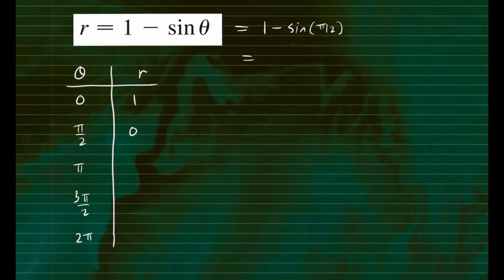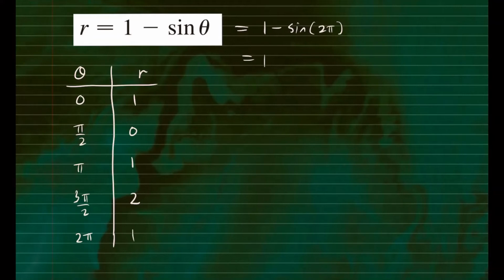For pi, sine of pi is 0, so this is 1 minus 0, that's 1. For 3 pi over 2, sine of 3 pi over 2 is negative 1, so this would be 1 minus negative 1, which would be 2. And for 2 pi, sine of 2 pi is 0, so this will just be 1.